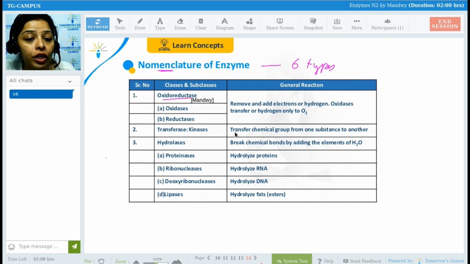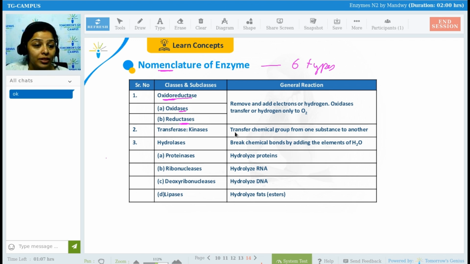For example, oxidoreductase. Oxidoreductase means any enzyme having the ability to oxidize or reduce, both the oxidation process as well as the reduction process. This type of enzyme comes under the category of oxidoreductase. So oxidoreductase has 2 different types, oxidase and reductase.